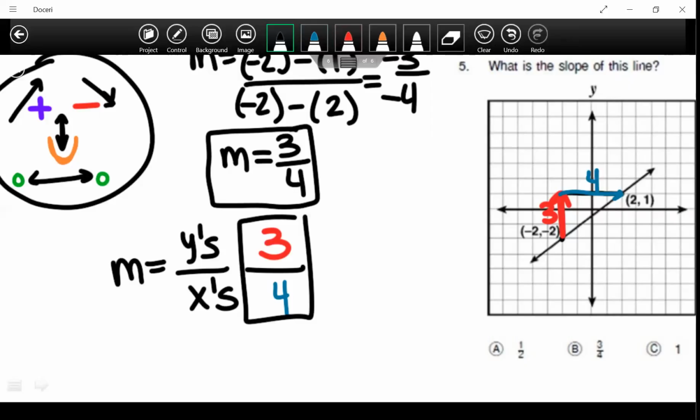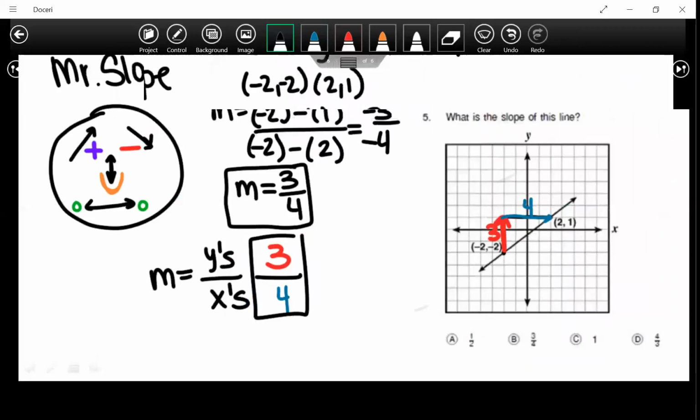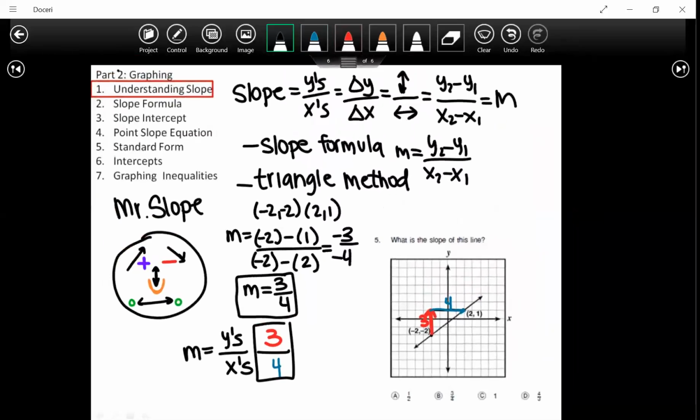Are we okay? So that takes care of both 1 and 2. The slope formula is in there. We have Mr. Slope on the side with all the different ranges of slope. Just being able to interpret it is going to be key, so keep that in perspective as we do this.